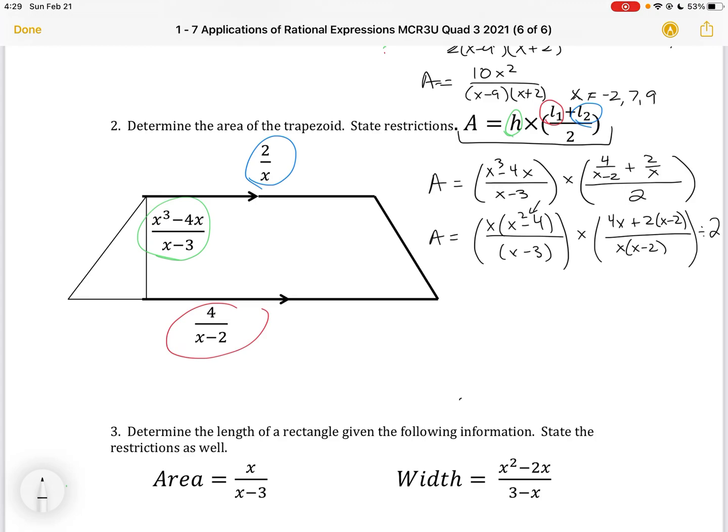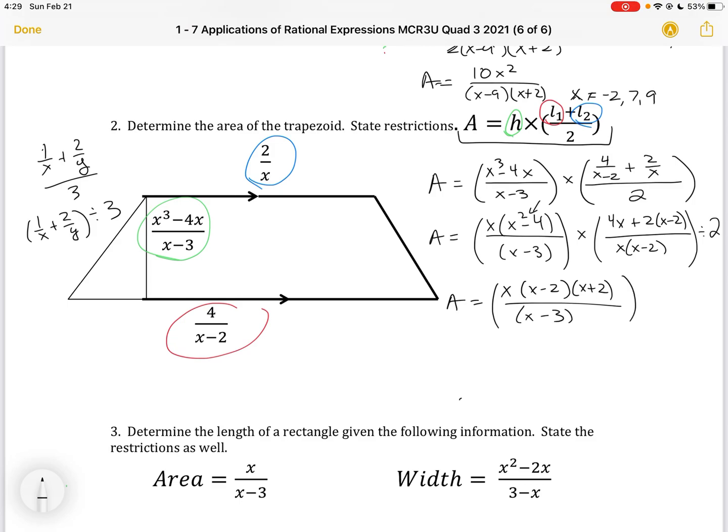Okay. On the side, I'll do this. If I have 1 over x plus 2 over y over 3, this is the same as 1 over x plus 2 over y divided by 3, just bringing that denominator up. And now I'm going to continue factoring my first one. So x minus 2, x plus 2, all over x minus 3.